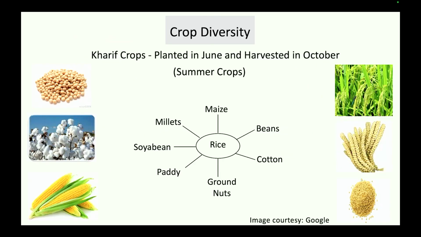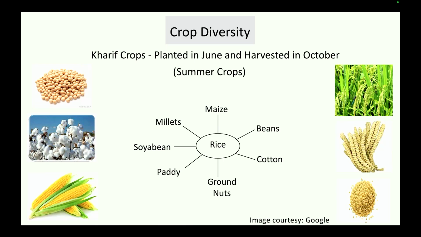Now let us understand the crop diversity, what evidence we have from the Harappan agricultural land. Nowadays in modern-day India, there are two cropping seasons, Rabi and Kharif.